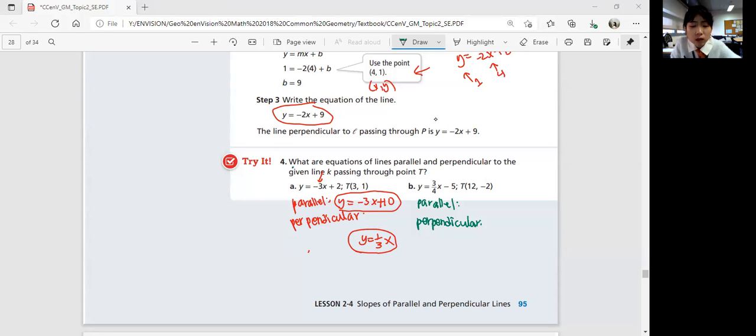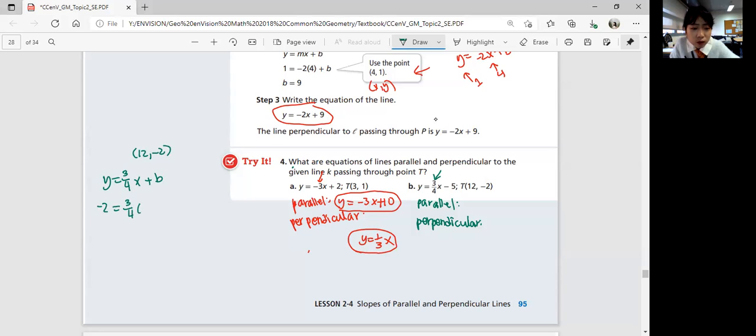So the slope for the second one is 3 over 4. And that's going to be y equals 3 over 4x plus a different y-intercept, right? Because you have a different point. So plug in 12 comma negative 2 into this equation.